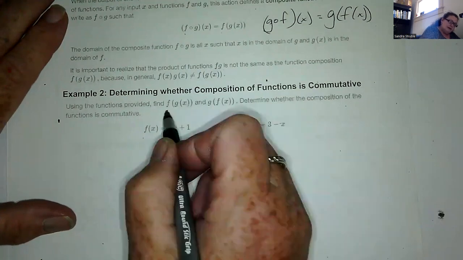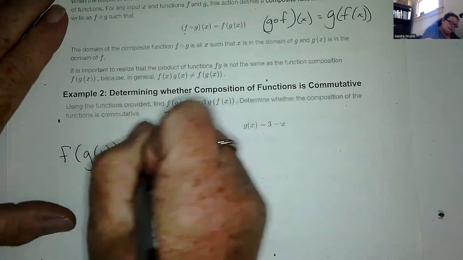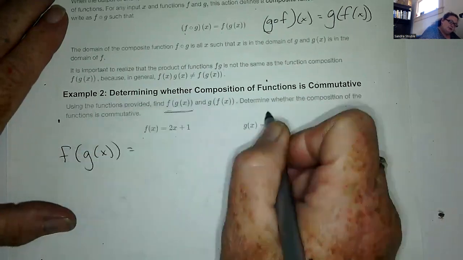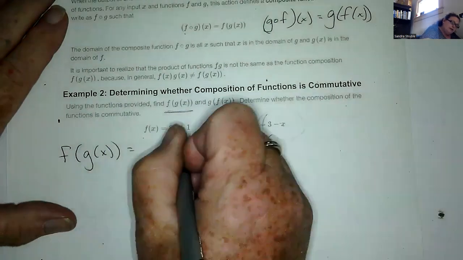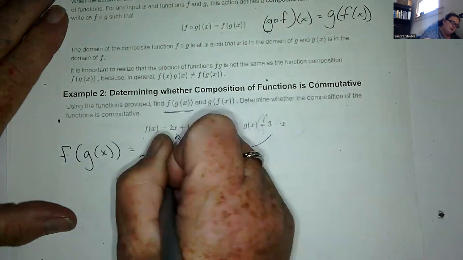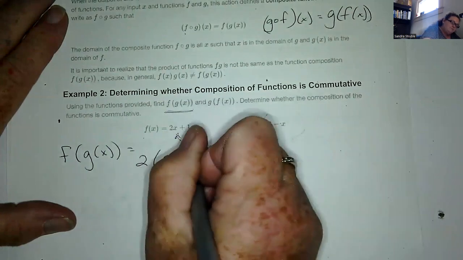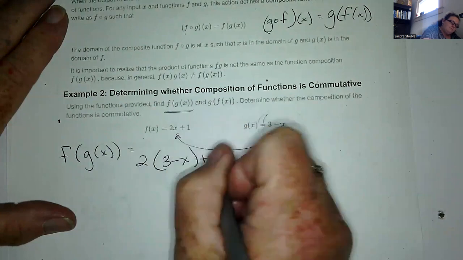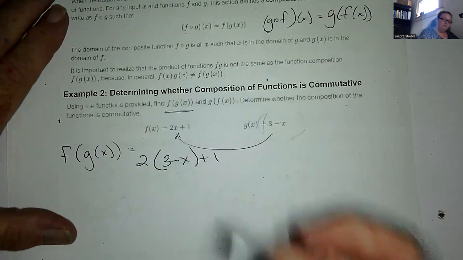So for f of g of x, we have to take the g of x, and everywhere there's an x, we're going to plug it in. So that's going to be 2 times, because the x is going to become 3 minus x, and then plus 1. All right. And then now we just clean it up.